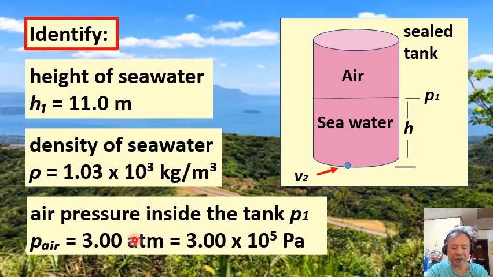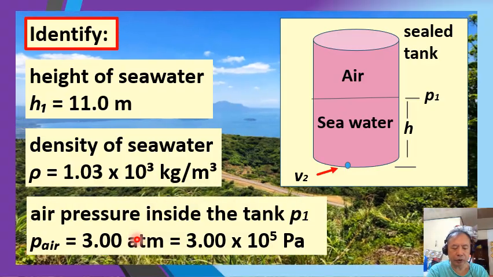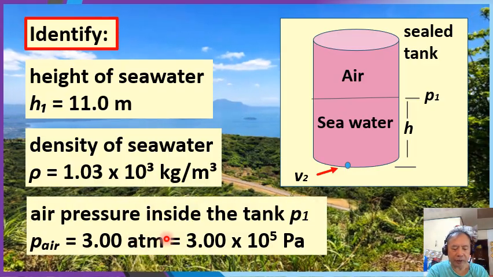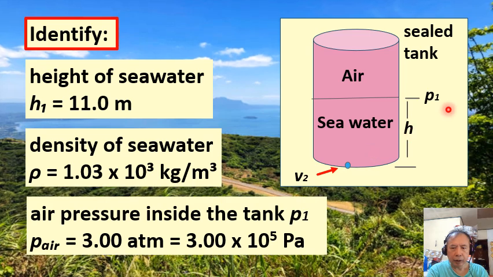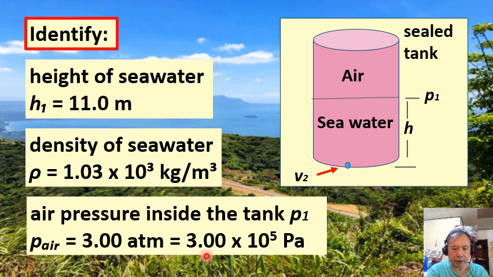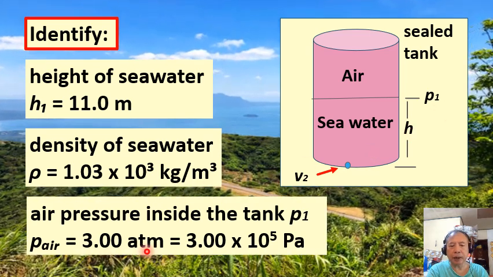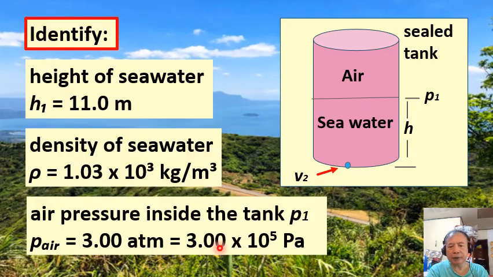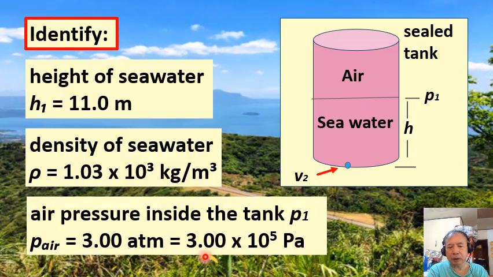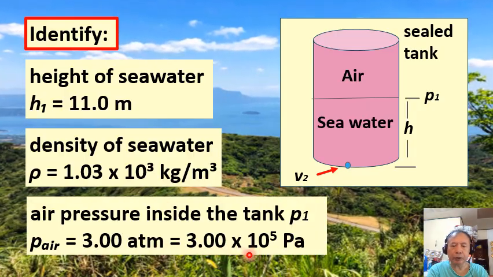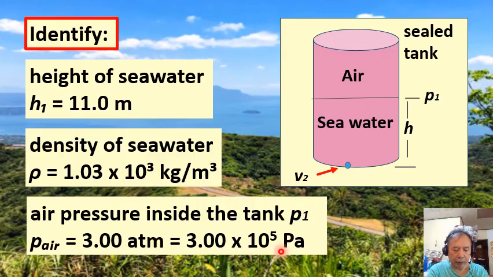The air pressure inside the sealed tank, which we also denote as the pressure P sub 1, is equal to 3.00 atmospheres, which when converted to Pascal is equal to 3.00 times 10 to the fifth Pascal.